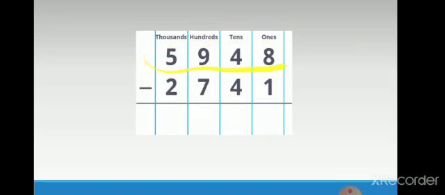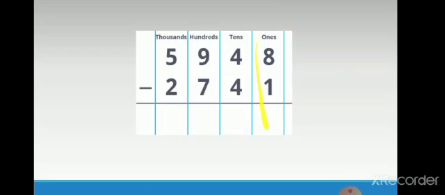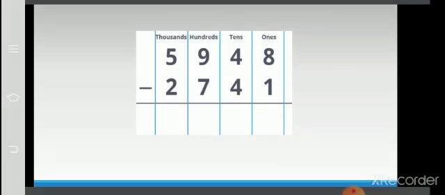Write a greater number at the upper place and the smaller number at the lower place according to their place values. There are 8 ones and 1 one. So start from the very first place value, which is ones.